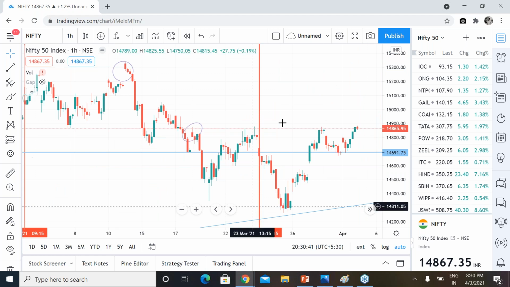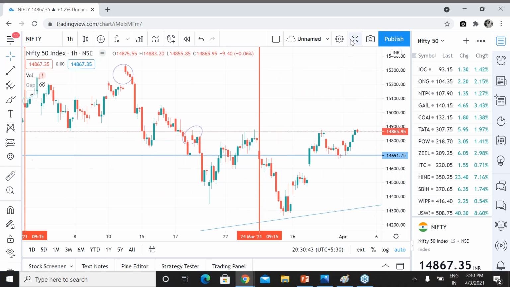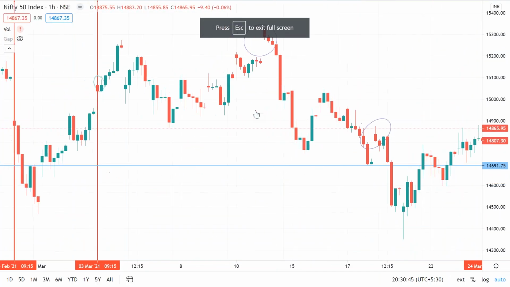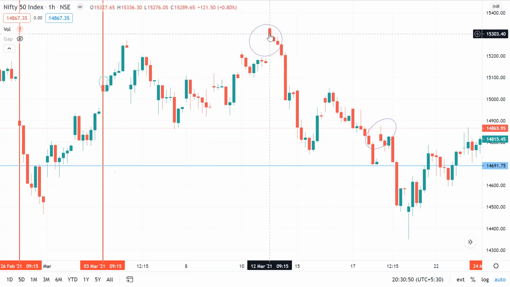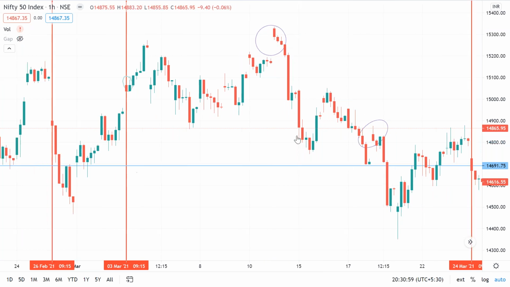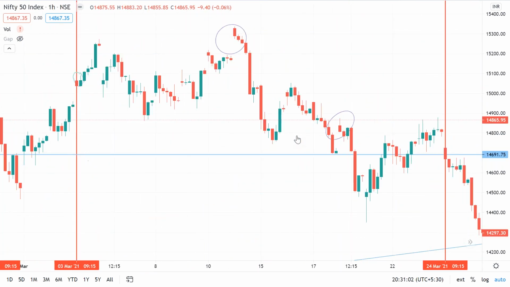So for example, let's look at these circles which you can see over here. Now this is also an exhaustion gap. Not as big as the one you saw, but following the similar essence, that there is a gap which is coming at the end of a small impulse, and the overall trend has been completely turned around.